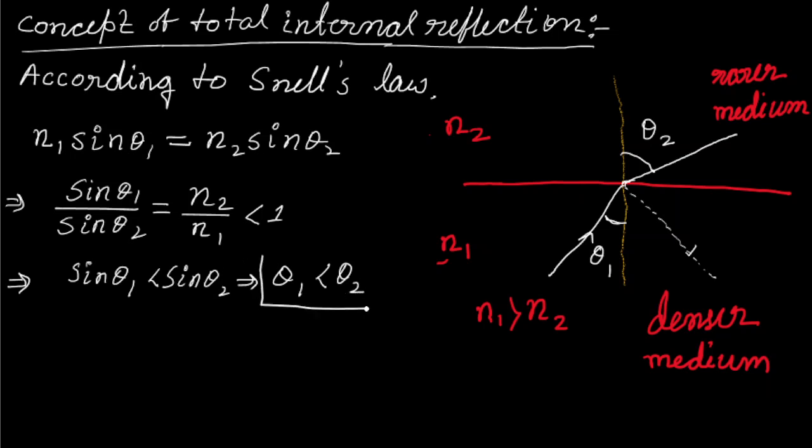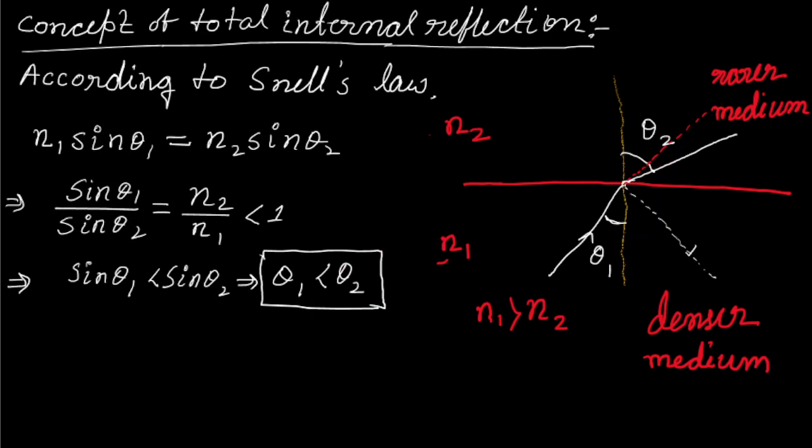This suggests that because of the presence of the second medium, the light will bend away from the normal in the second medium. If there is no second medium, then light is supposed to go in this path. But because there is a second medium, light will not follow this path. It will be bent away from the normal. That's why theta 2 will always be greater than theta 1 when light is incident from a denser medium to a rarer medium.